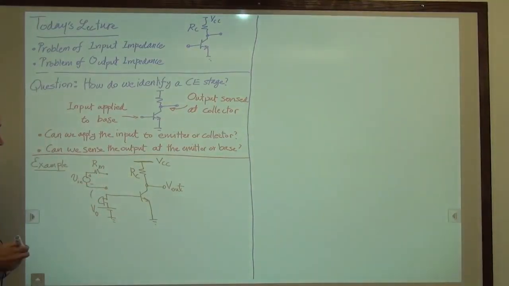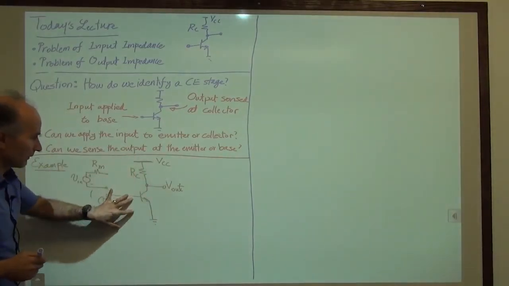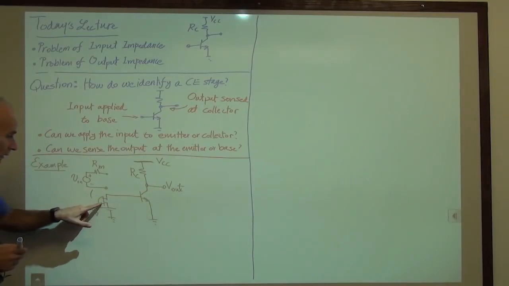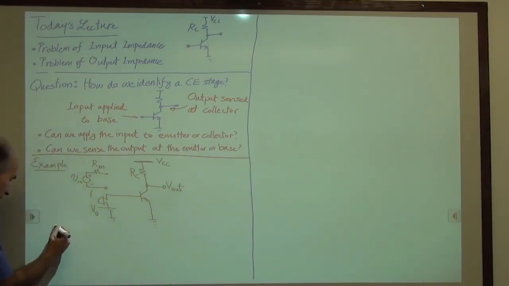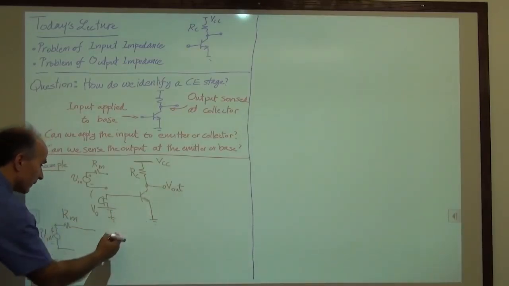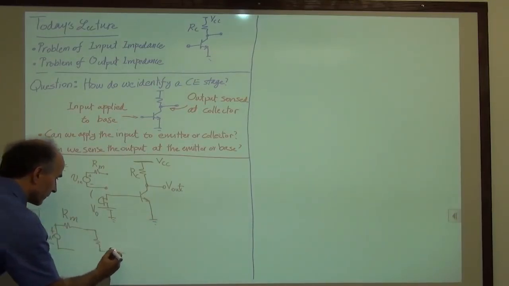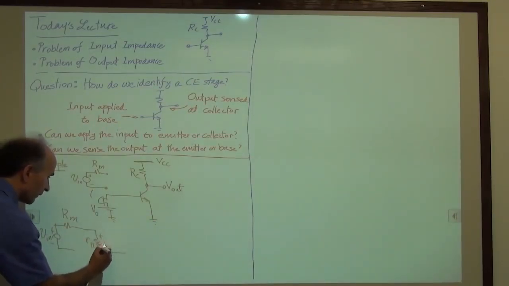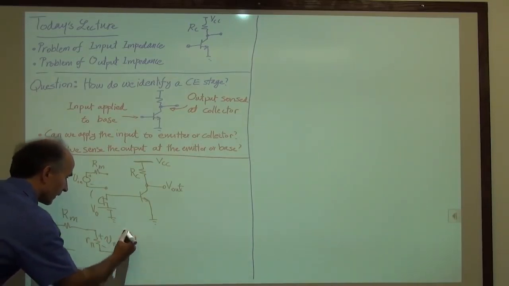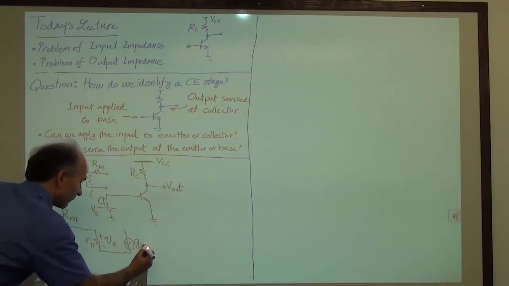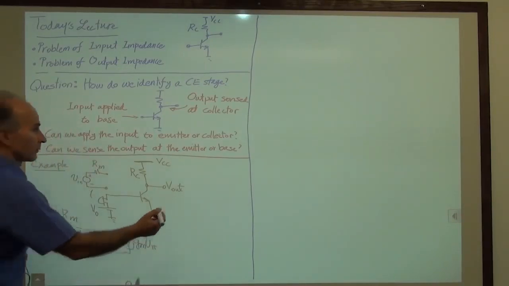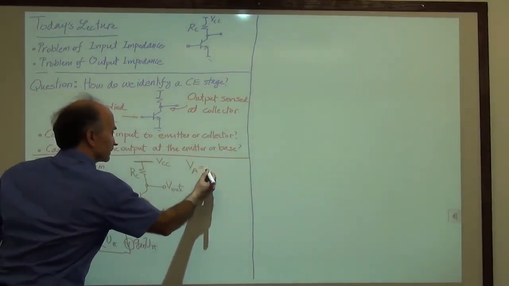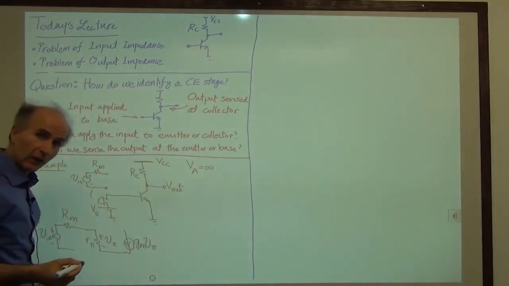Okay, so what we will do is we just draw the small signal model of the circuit, incorporating the microphone model. So here's the microphone model, Vin, then we have a resistance Rm, then we go to the transistor itself, which has R pi with V pi across it. Then we have GM V pi, and let's assume that the early voltage is infinite so that we don't have to worry about RO.